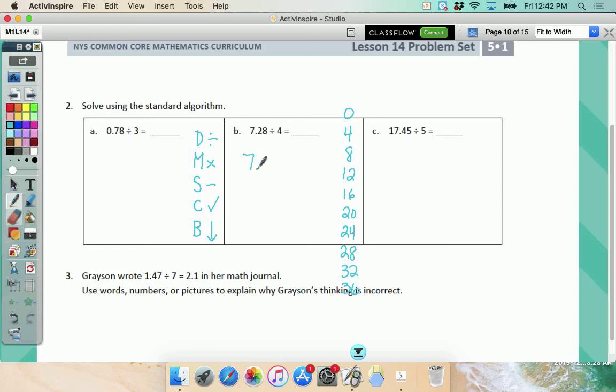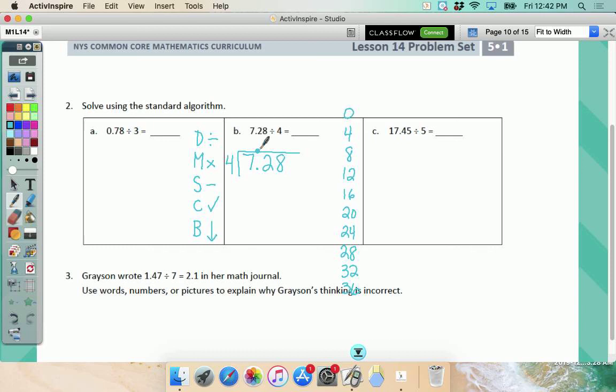So 7 and 28/100ths. Did you notice that I leave enough room to write numbers above the doghouse? Don't bump the doghouse all the way up to the problem. And so I don't forget the decimal. Okay, so the reason I chose this one to practice is because on your exit ticket, your second problem has a divisor of 4. So I thought it would be good to work with the 4.